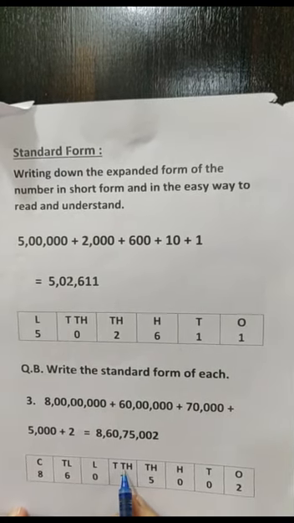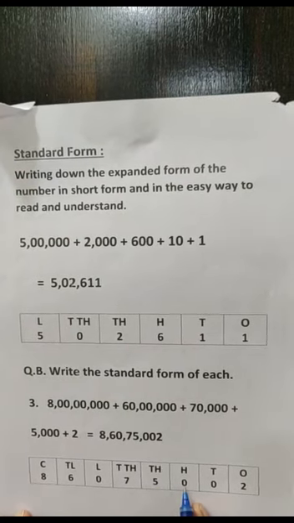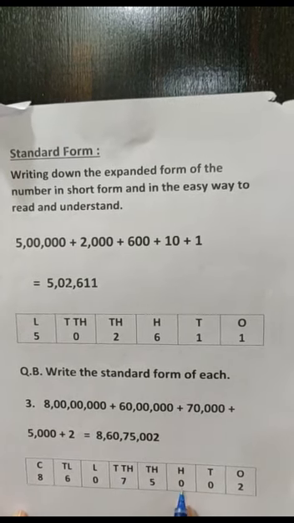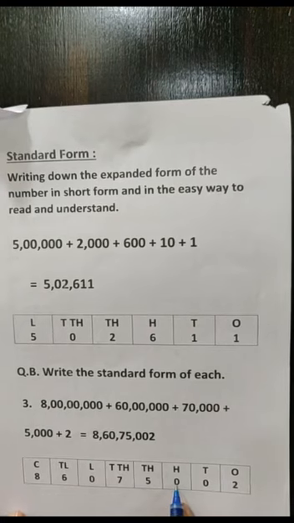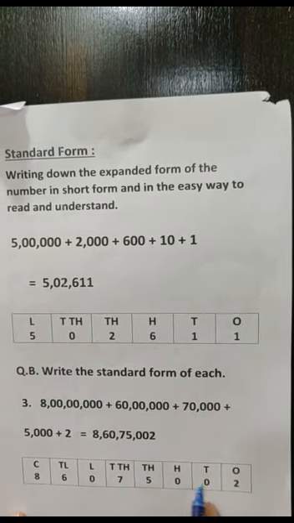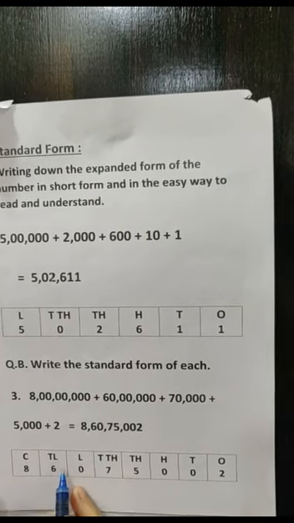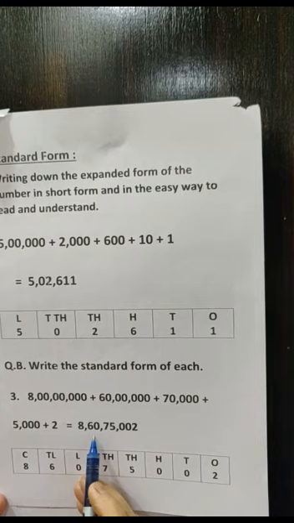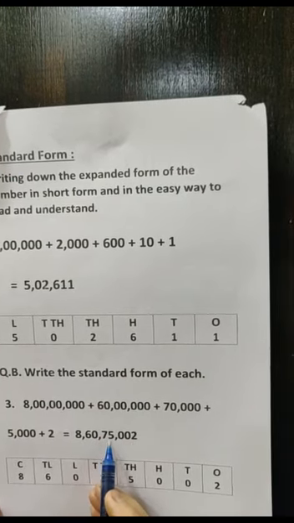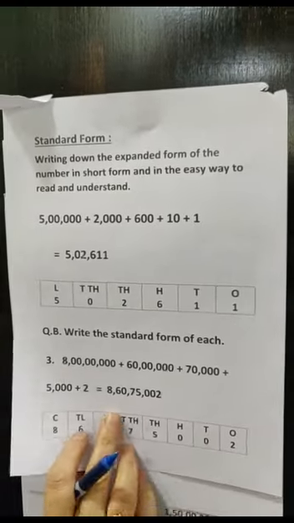Then 10,000 means 70,000, 5,000, 0 because 0 is here. 100s place there is no digit, 10s place there is no digit, that's why we have written 0 0 here, and 2 at 1s place. That's why our number is 8 crore 60 lakh 75,002. We have to do this type of question.